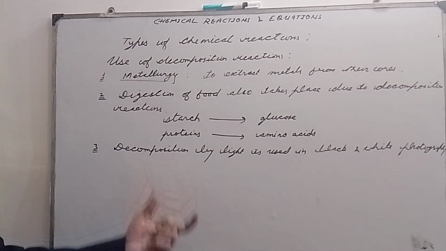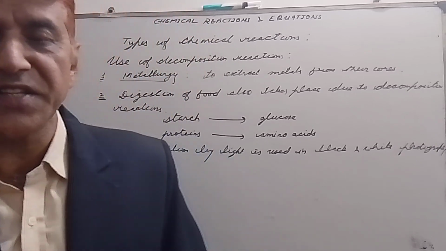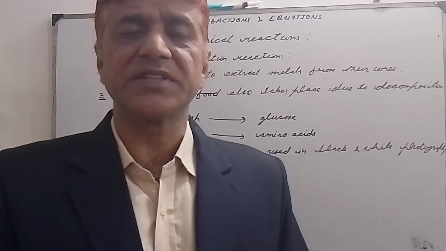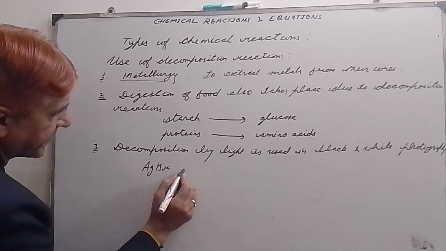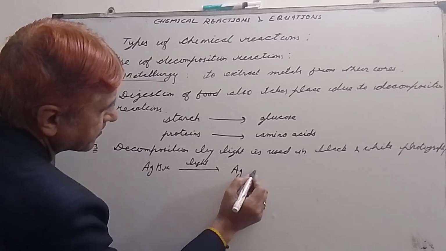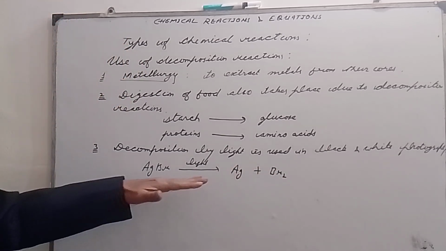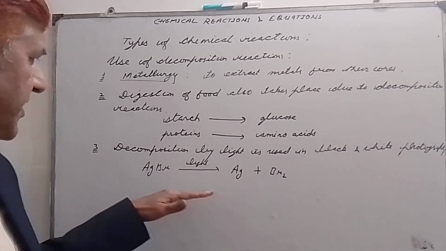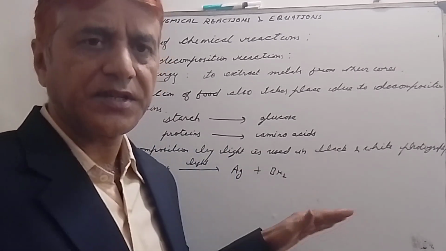Because we know that silver bromide is a highly light sensitive chemical. So when light falls on it, silver bromide decomposes into silver and bromine. So decomposition by light is used in black and white photography.